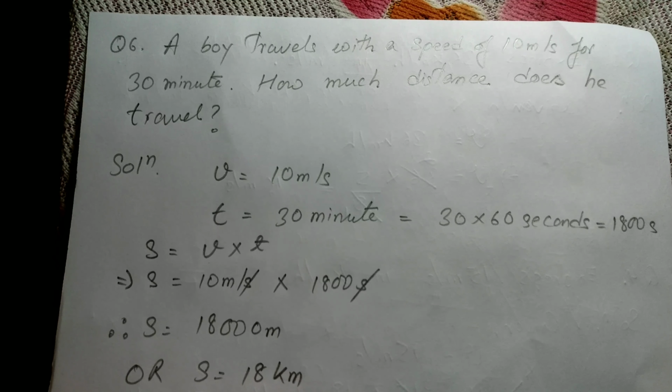So v becomes 10 meter per second multiplied by time becomes 1800 seconds. Second and second get cancelled because the second in speed is in the denominator. So once they get cancelled, I have to multiply the numbers. The number which is with me after multiplication will be 18,000 meter, or if I want to convert meter into kilometer, I'll just divide it by 1000. Hence I'm getting 18 kilometer as my answer.